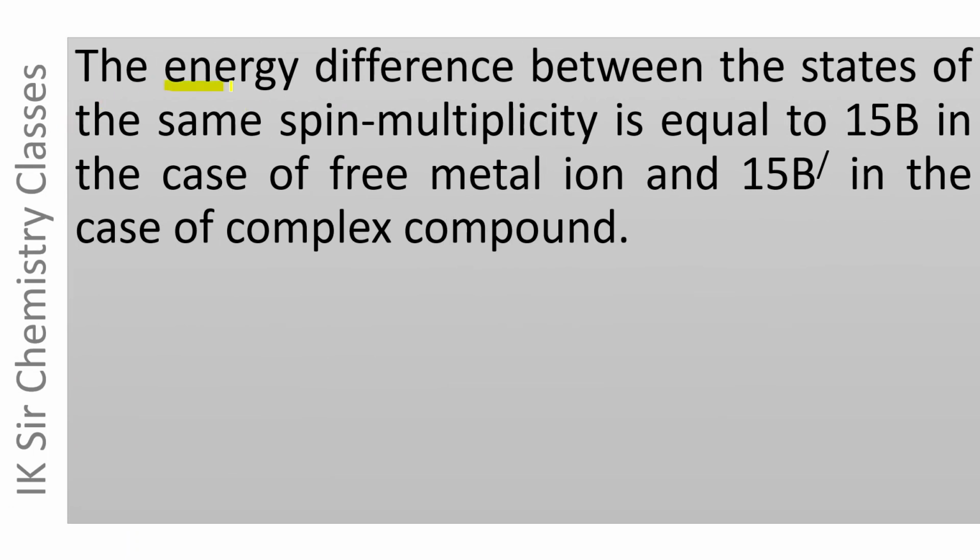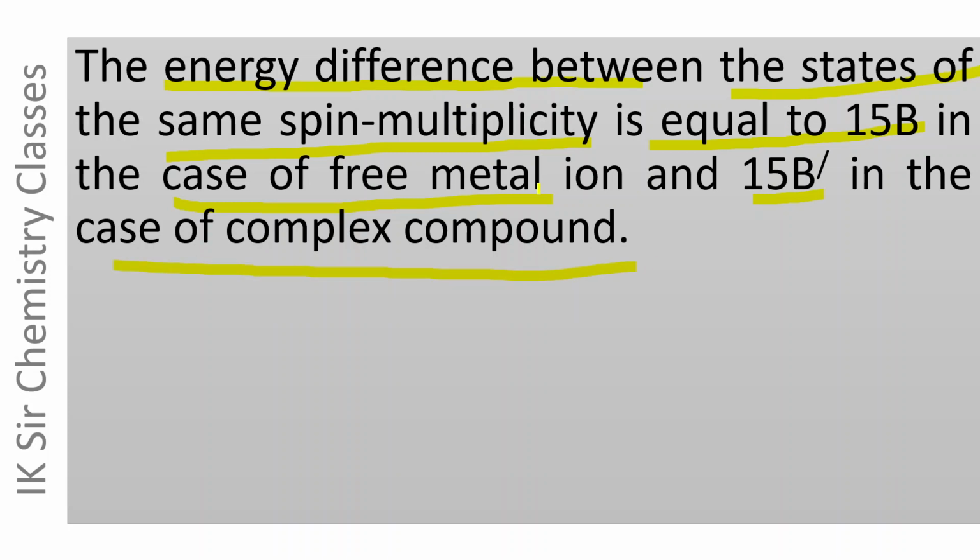The energy difference between the states of the same spin multiplicity is equal to 15B in the case of free metal ion and 15B dash in the case of complex compound.